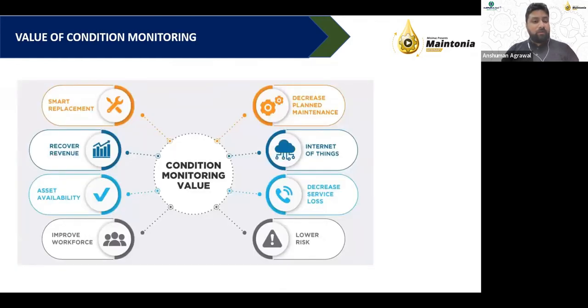So right now we are doing condition-based monitoring, where we are doing smart replacement, recovering revenues, and having better availability of assets. The workforce engagement is getting improved. We are certainly decreasing the maintenance planning. We are trying to implement the IIoT things, and we are certainly reducing the service losses and lowering the risks. So this is what we are doing right now with condition monitoring.